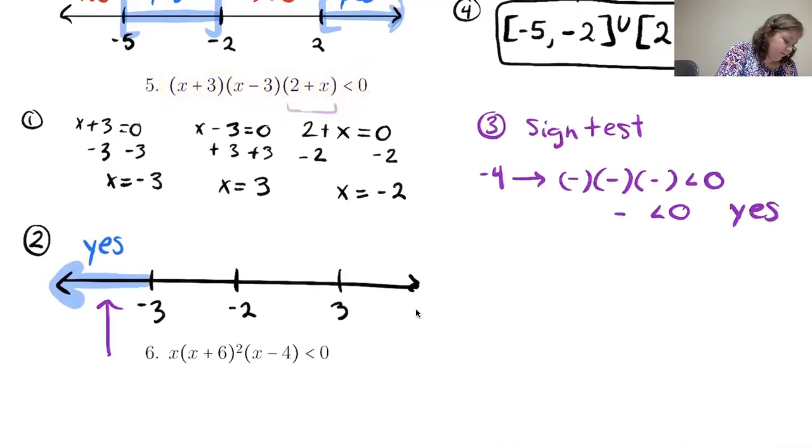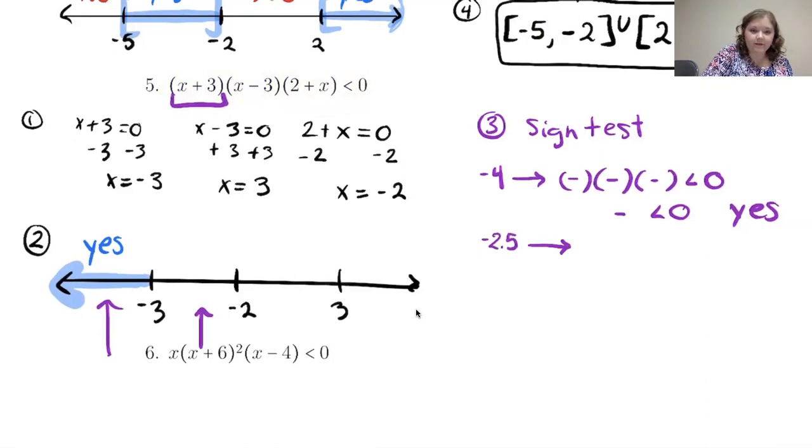So now we will do the same thing with the next interval. We will plug in something between -3 and -2. We'll have to pick a number that's not a whole number, so -2.5 is going to be the easiest one, and we'll plug that in. So we do -2.5.